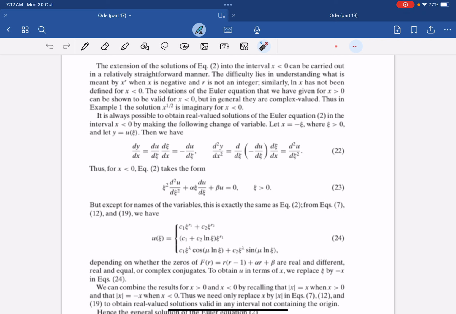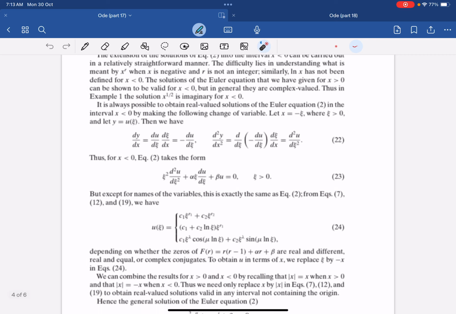The answer is yes. And we'll just need to make the following change, which is let x equal to minus epsilon. Then epsilon must be larger than 0 because x is less than 0. Then we let y equal to some function of epsilon.